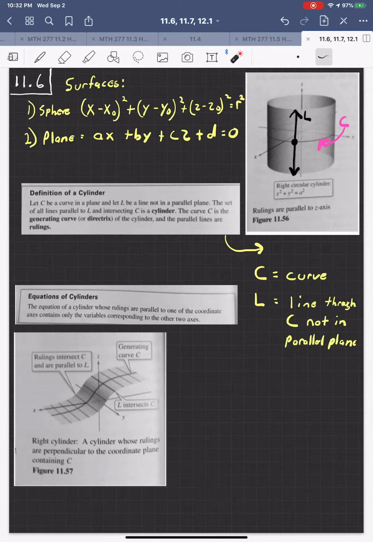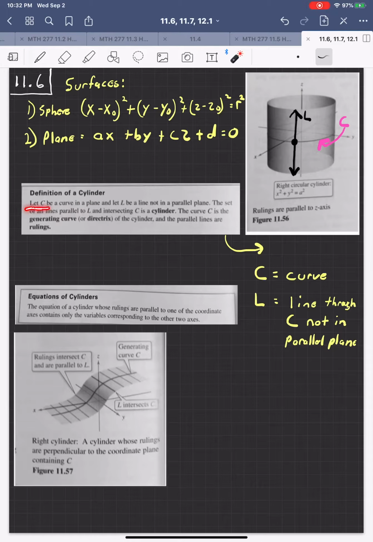The key idea of this type of surface, I will read this definition to you, but I'll try to give it to you in other words so that you can follow me. So before we talk about cylindrical surfaces, let's just start with the definition of a cylinder.